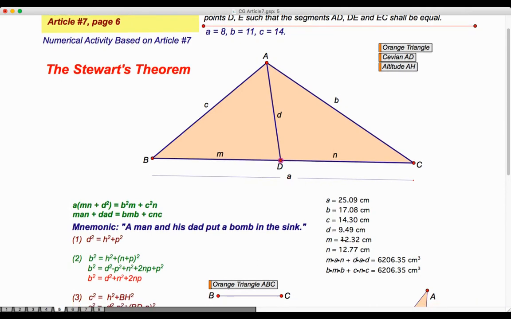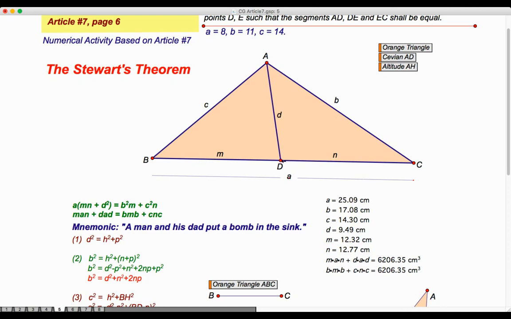I find the product of man, m times a times n, plus dad, d times a times d, is equal to 6206, whereas bomb plus sink is equal to 6206. It seems that they are always equal to each other.